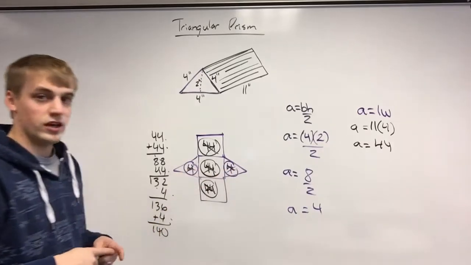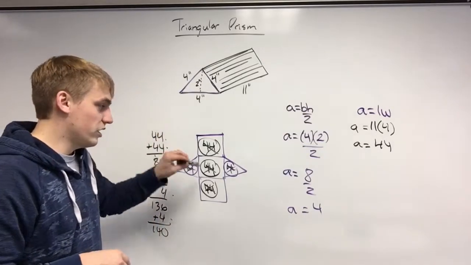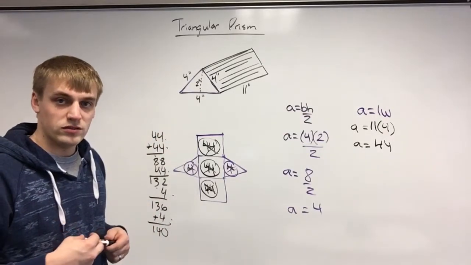I used them all. Cross them off as you go. Probably not at the end like I did, but just make sure that you get every one and you don't count one twice.